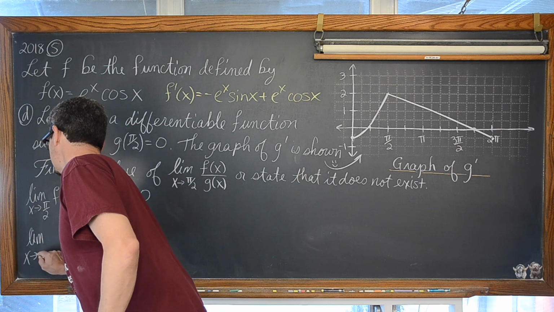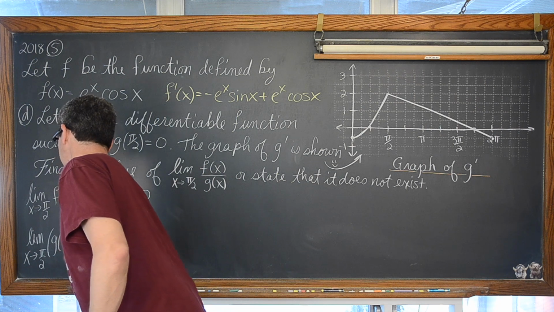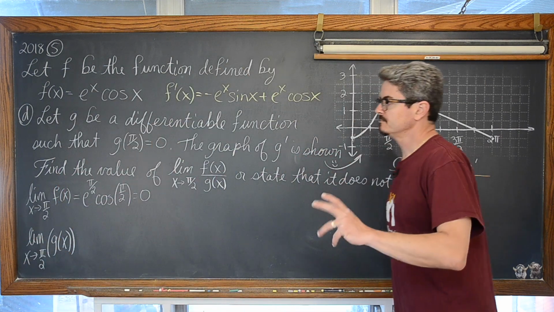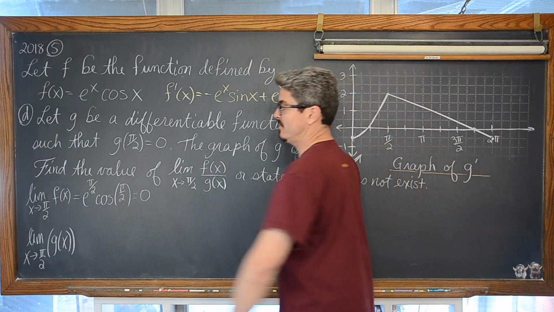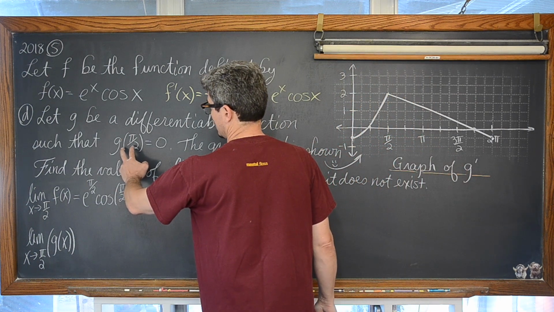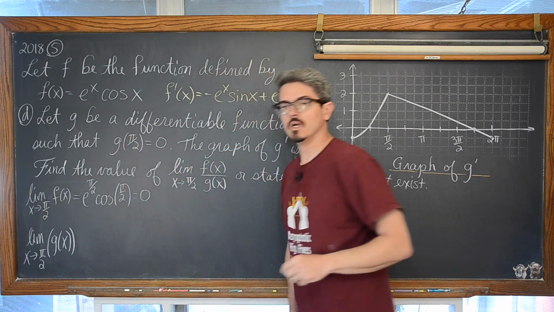as x approaches pi over 2 of g of x. Well, here's where they're really making sure that you understood every little nuance and fact that you learned in AP Calculus. g of pi over 2 is equal to 0.